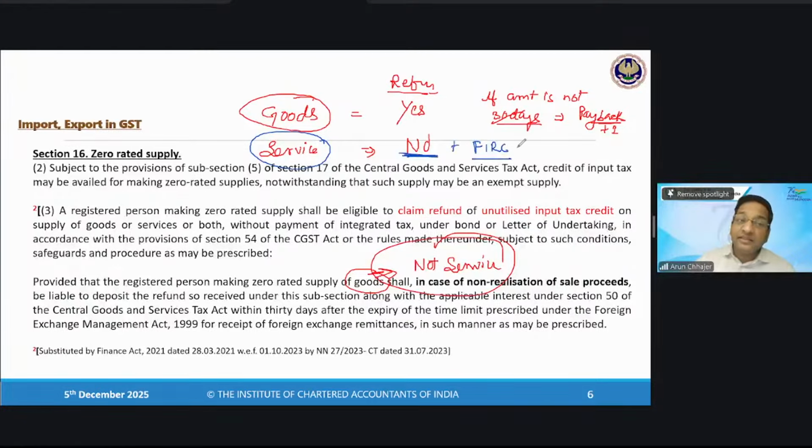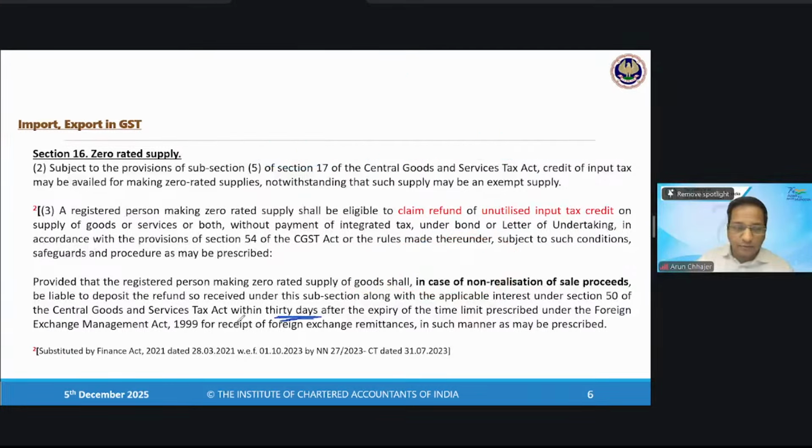So it means you are taking the refund only when you receive the amount. If you have received the amount, then you are taking the refund. Obviously, there is no question of giving the refund back to the government in non-realization. Is that clear? Okay. So remember, 30 days almost.